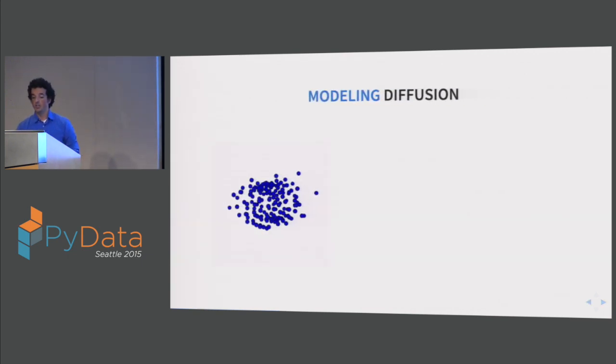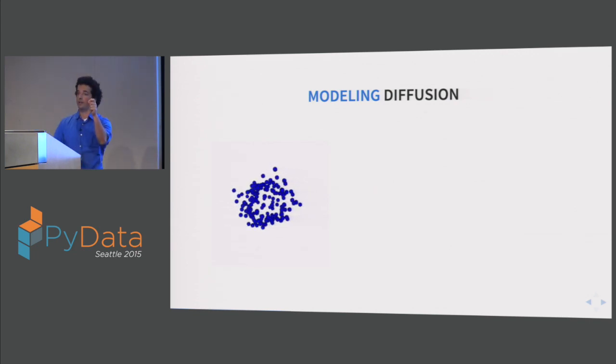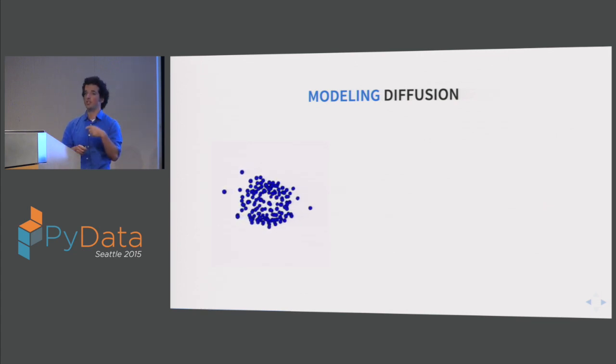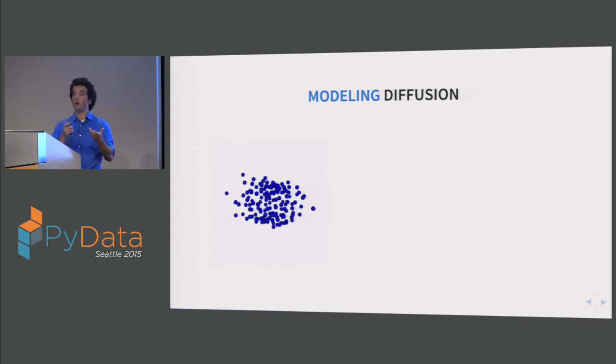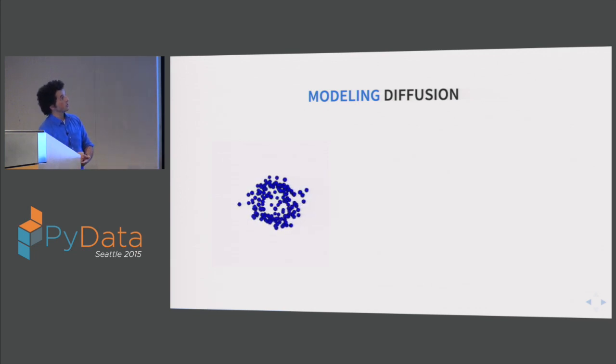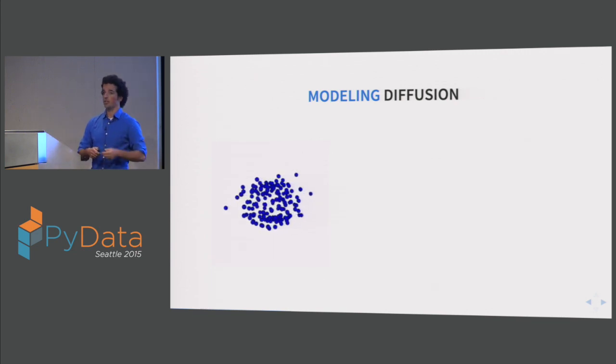Let's look at this in a little bit more detail. So here is a measurement from a single location in the brain. We divide up the brain into these boxes of roughly 1 millimeter on each side, and those are called voxels, or volumetric pixels. This is a measurement from a single voxel, and each one of these spheres represents a single gradient direction.